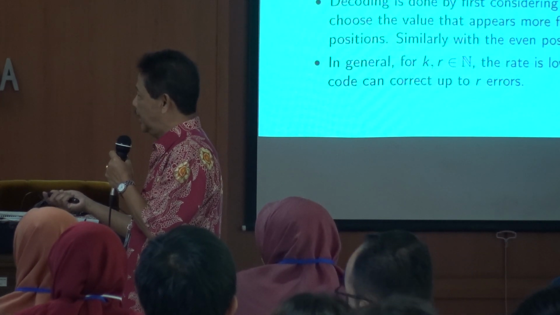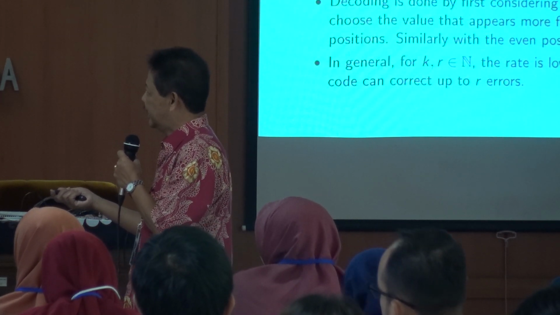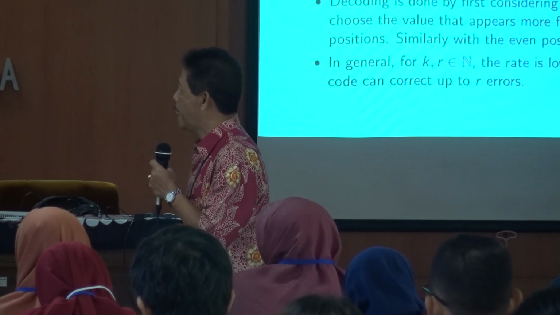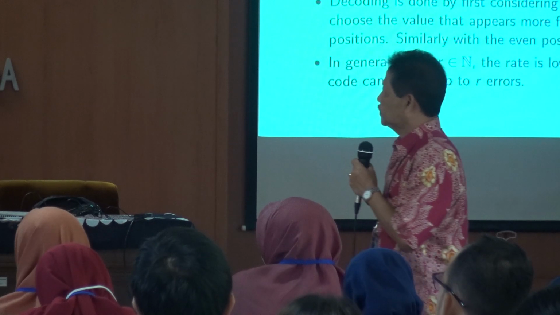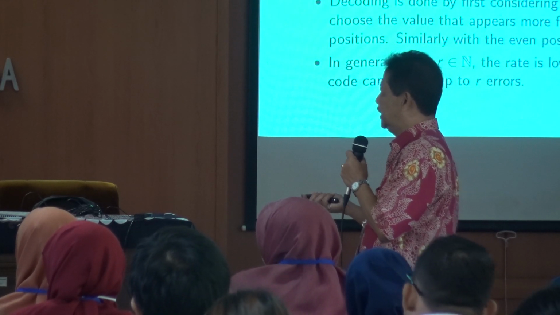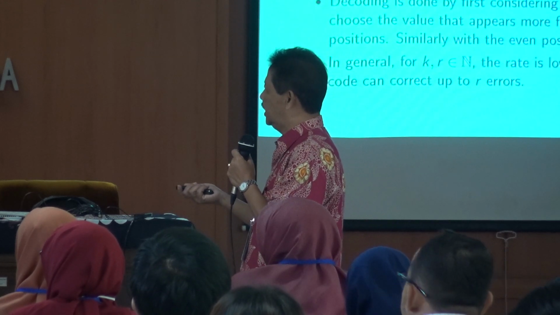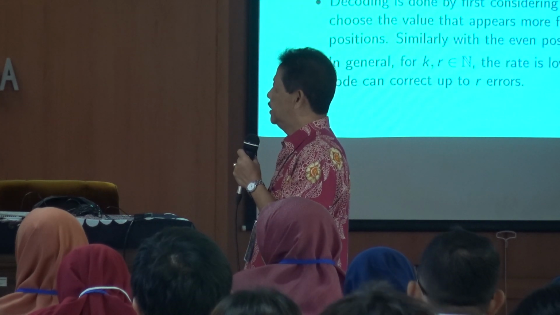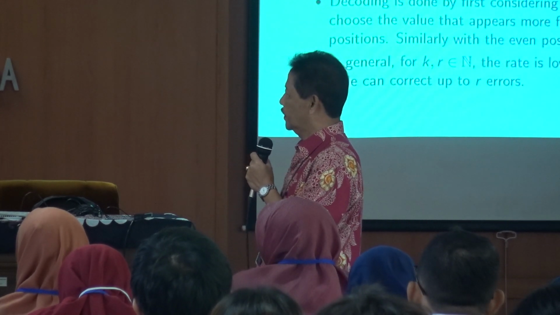And the positions of 1 are the 2nd, 4th, 6th, 8th, and 10th. So the decoding method is considering the odd positions and choosing the value that appears more frequently in the received word. Similarly for the even positions.